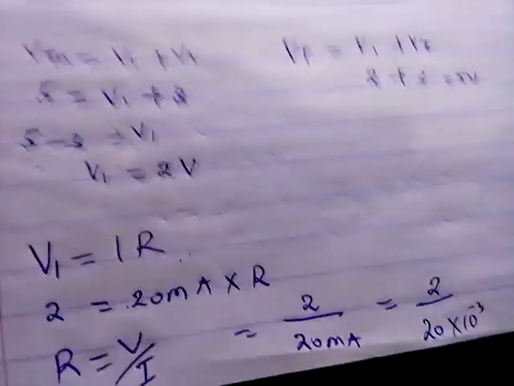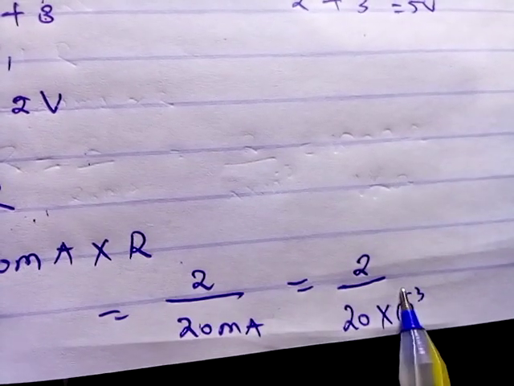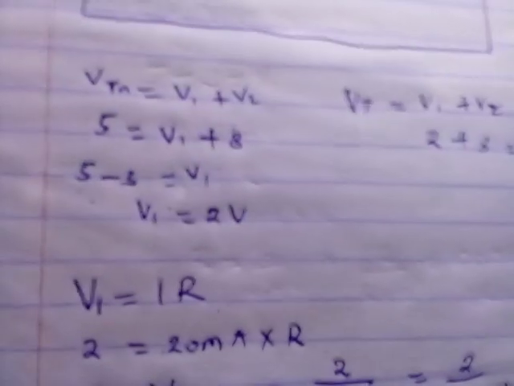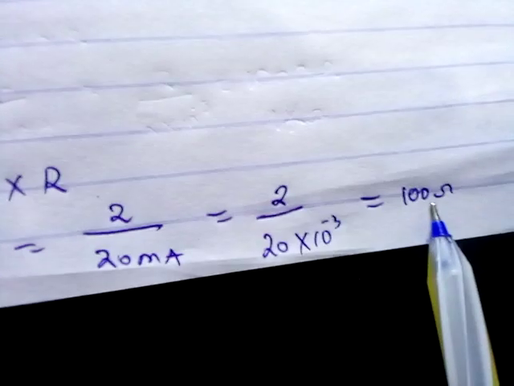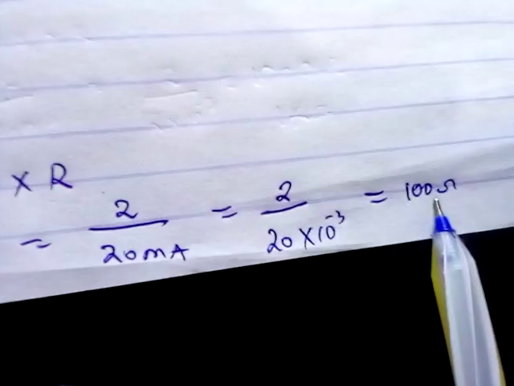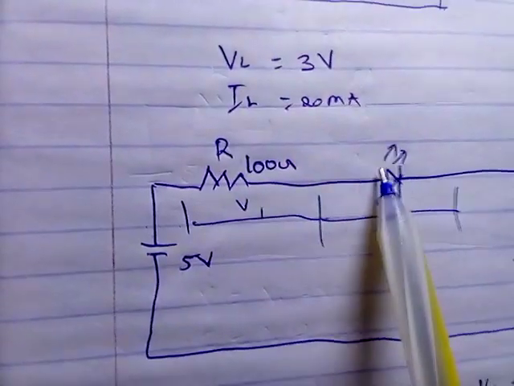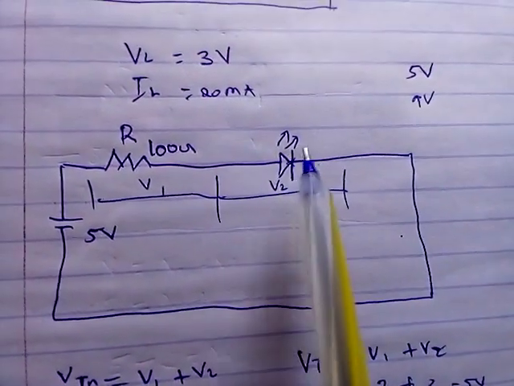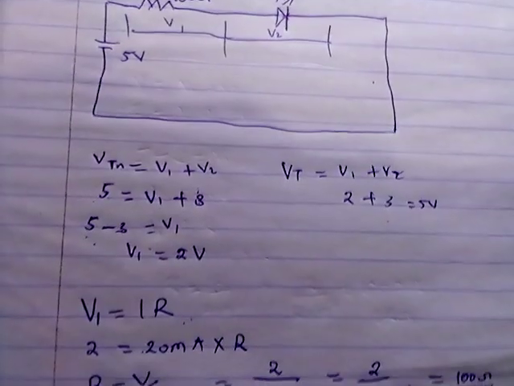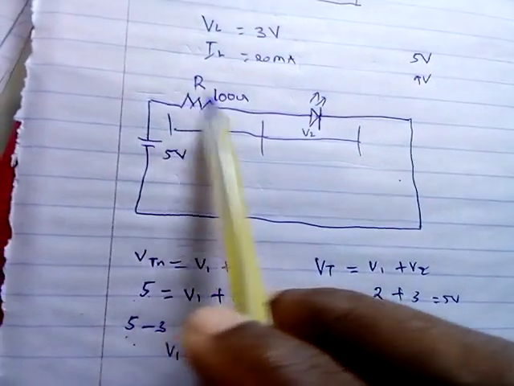When we do this in a calculator, it gives us 100 ohms. So the value of the resistor which will be connected here is 100 ohms. You look for a 100 ohm resistor to connect in series with this LED, so it is going to light up very well and control the current which flows toward the LED.